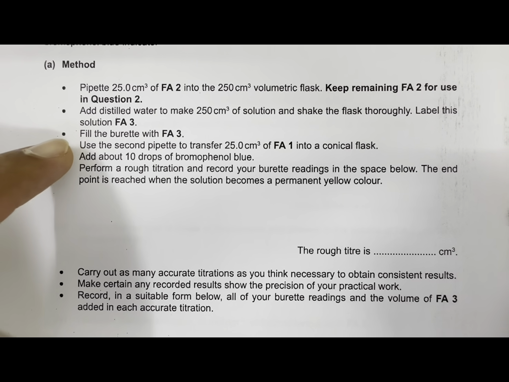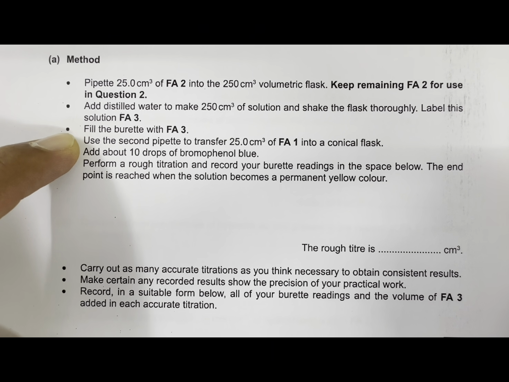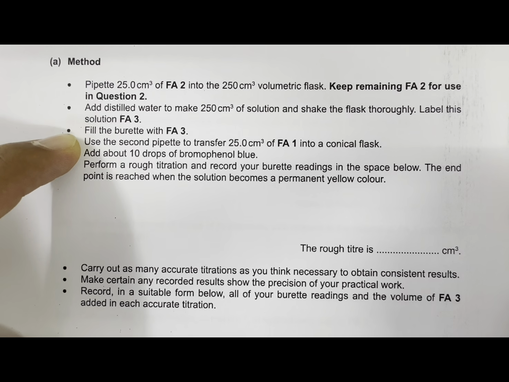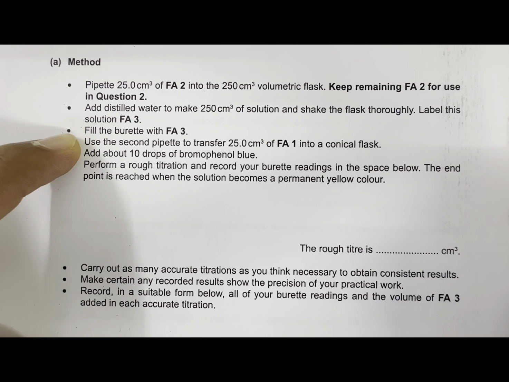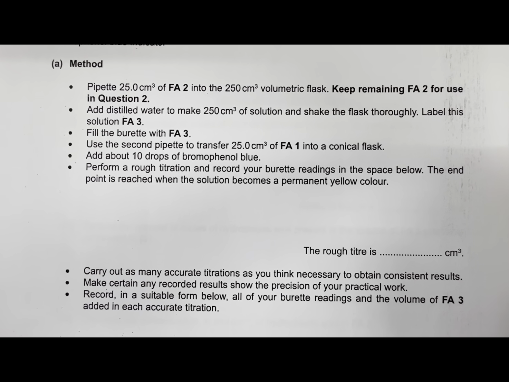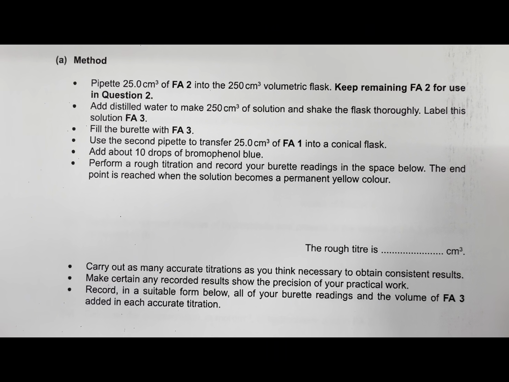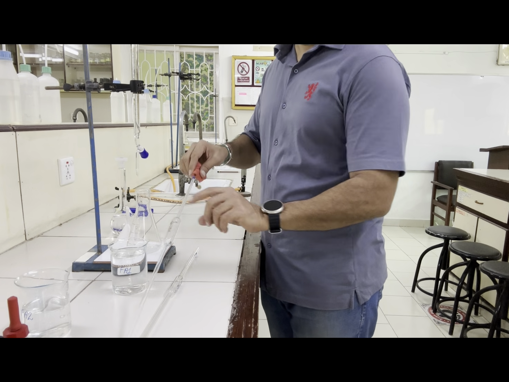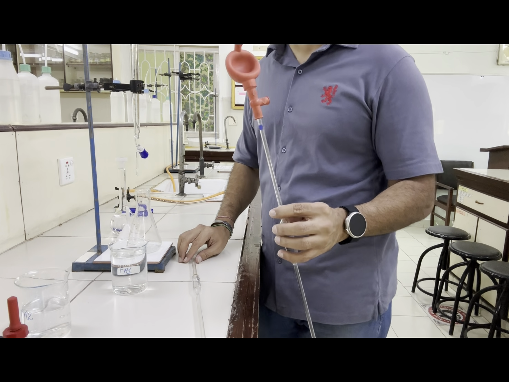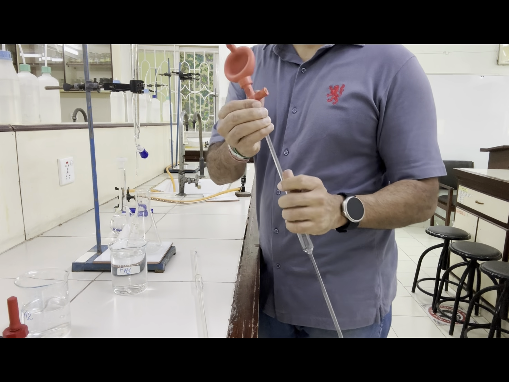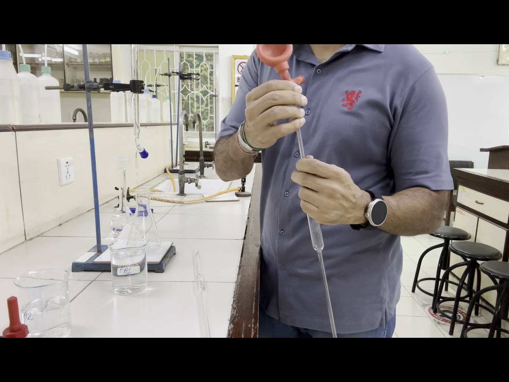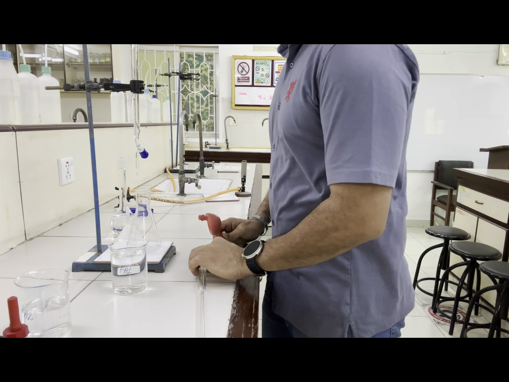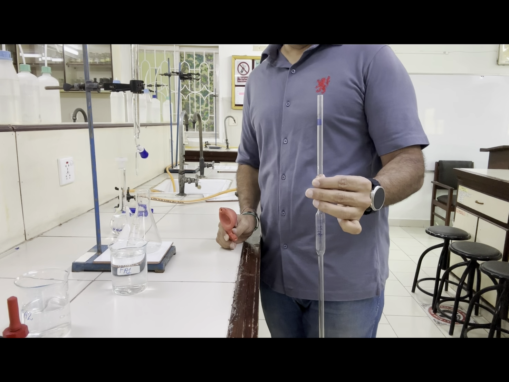Next point in the method says use the second pipette to transfer 25 centimeter cube of Fa1 into the conical flask. Add about 10 drops of bromophenol blue indicator. Using second pipette means this pipette which was used before should not be used anymore because the solution was filled in this already. So we will use another pipette.